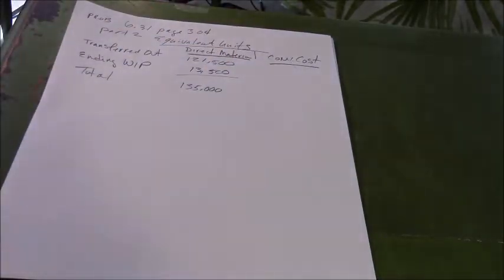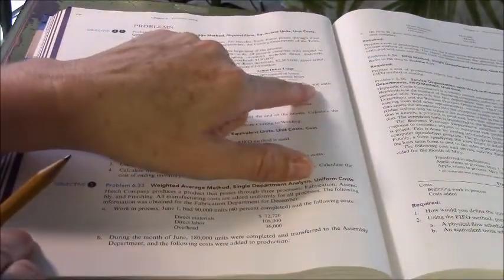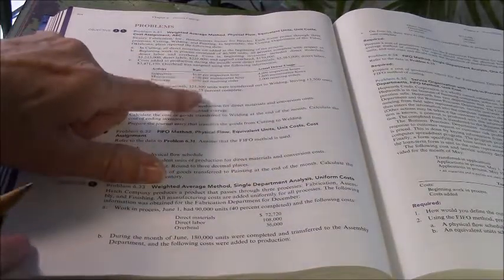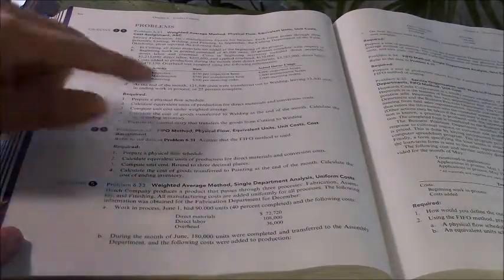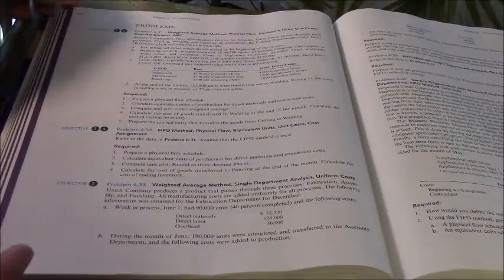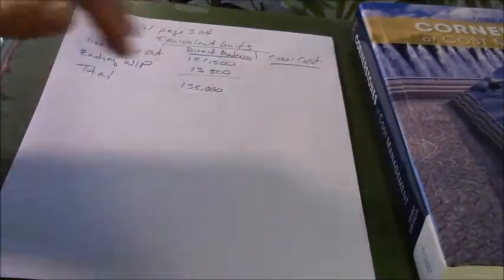If you look at the book, it tells us those 13.5 units sitting in work in process are about 25% complete. Some at the very beginning aren't very done, some at the very end are almost all the way done, but on average, the 13,500 units on the factory floor are 25% complete.